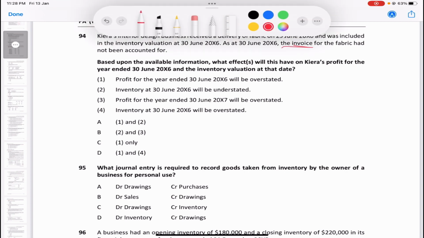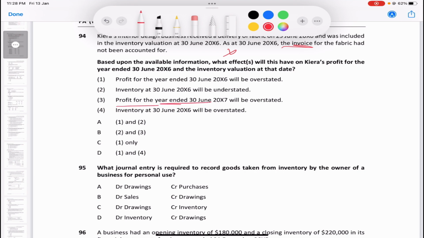So this invoice was not accounted, which means my profit must have been overstated, because I haven't shown that I have paid this invoice. That has been omitted from the statement, which means my profit must actually be lesser than what it really is, right? So what am I going to do in this situation?